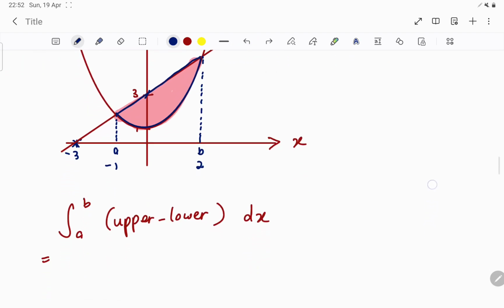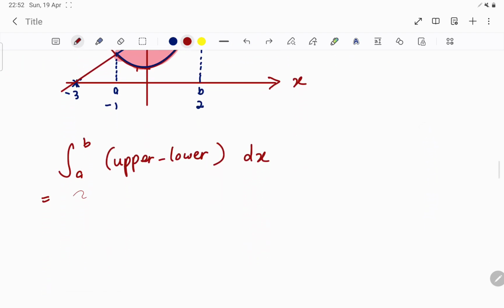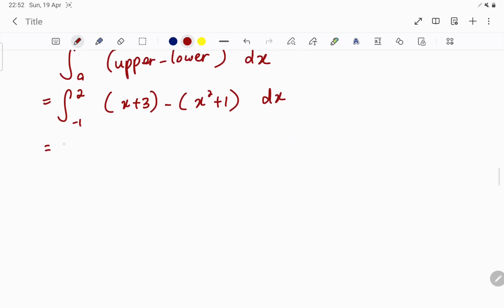Okay, now what you have to do is just substitute inside, which is you're going to have upper is x plus 3 minus with lower, which is x squared plus 1 dx. And then from here, you will integrate a is negative 1 until 2. Now you can solve your question.